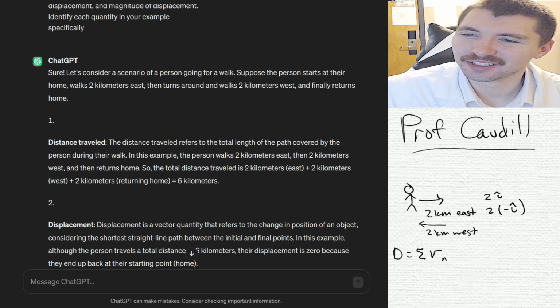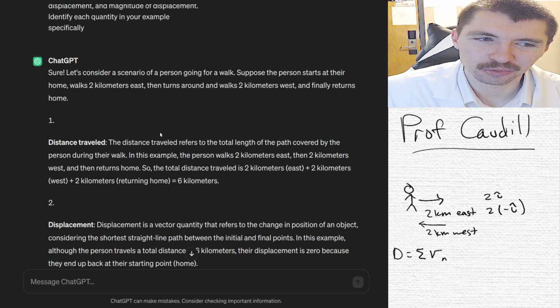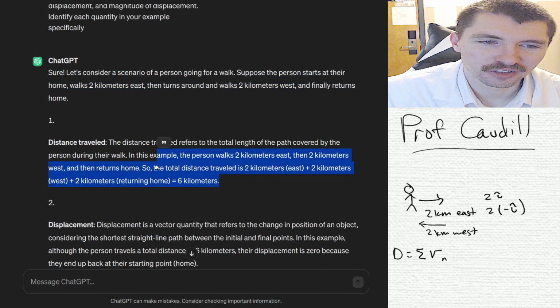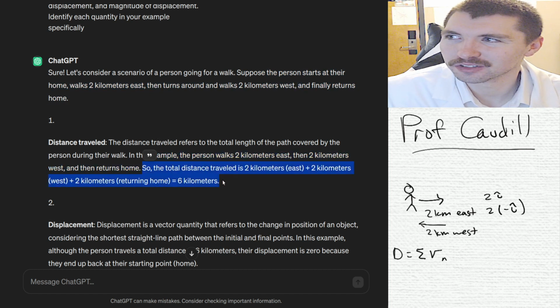So I think the language model is a little confused as well. I can draw a picture and I understand what this is saying. 2 kilometers east, then turns around, 2 kilometers west, then finally returns home. So the language model is saying that's 6 kilometers. That's just not right.